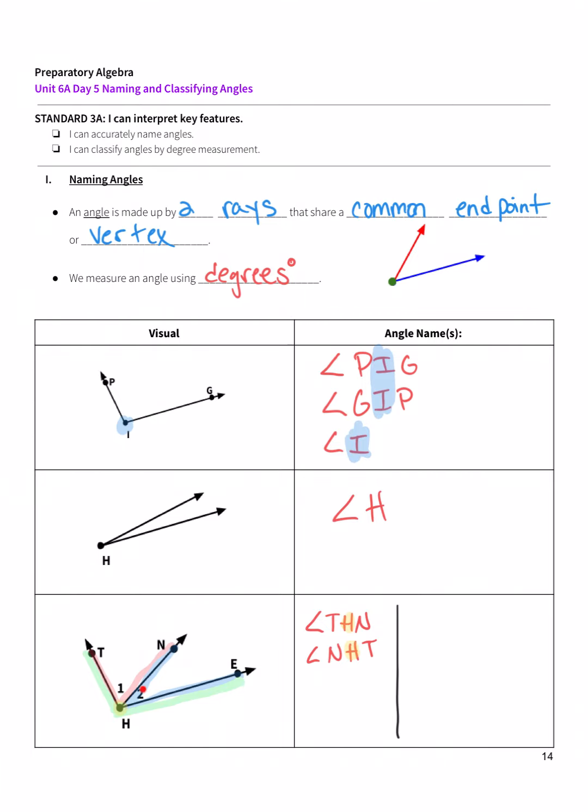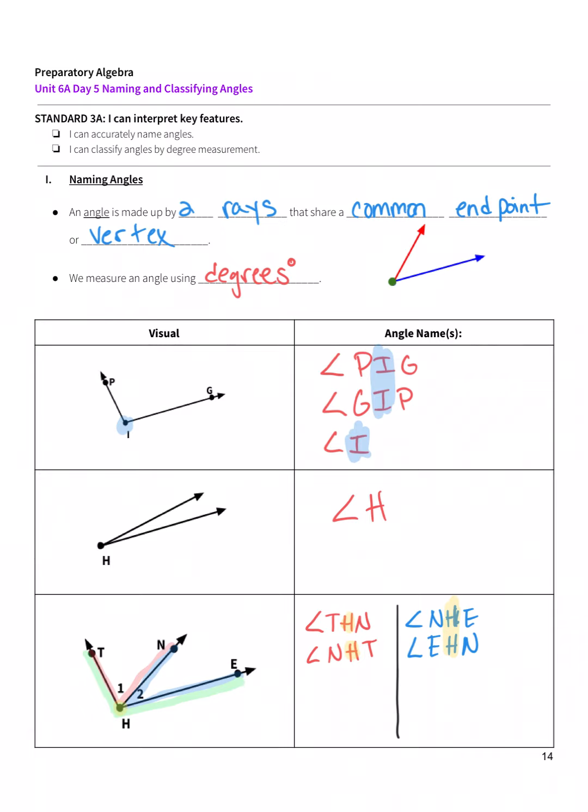I have this point, which is N, H, and E. So this is angle N, H, E. We can also call this angle E, H, N. Remember, we have our vertex, our common endpoint, in the middle.